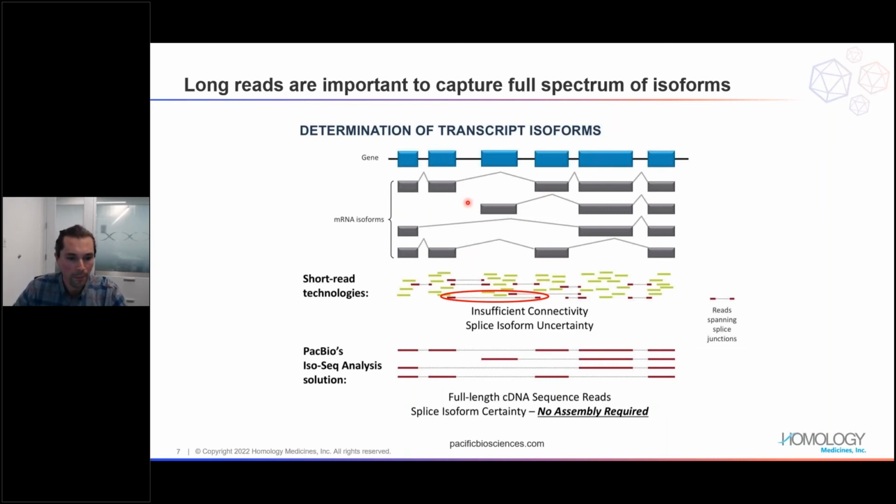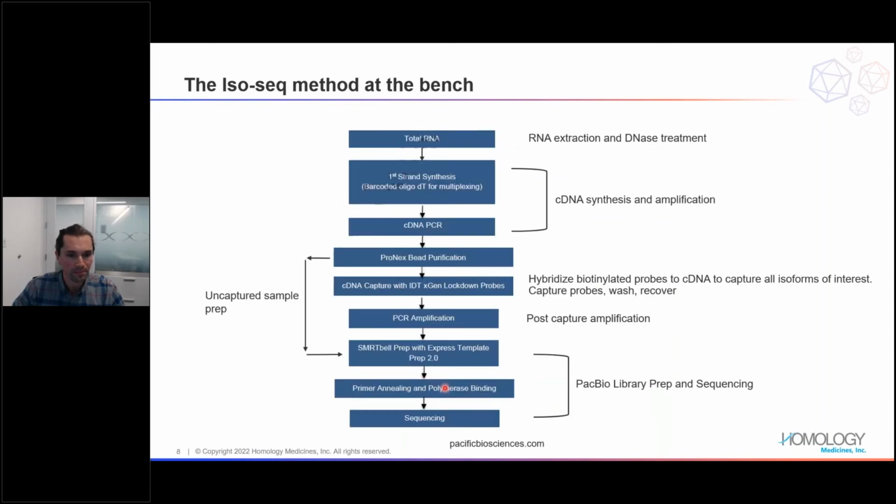PacBio's Iso-Seq method is really effective at showing us exactly what we're delivering in terms of expression. What this looks like at the bench: you carry your experiment out, you transduce, and you wait whatever time point you want, and then you extract the RNA.